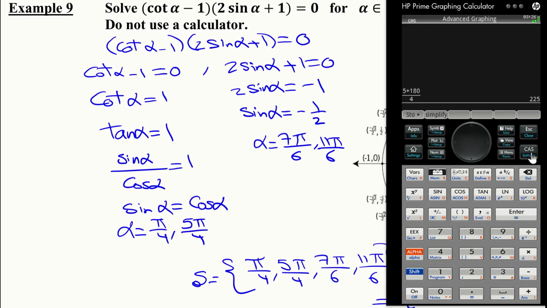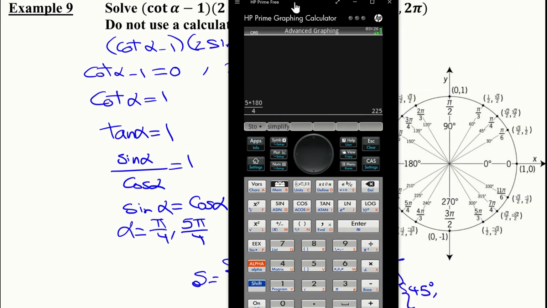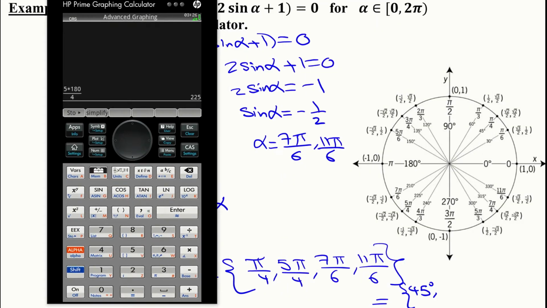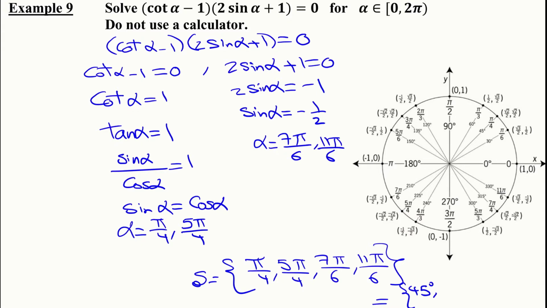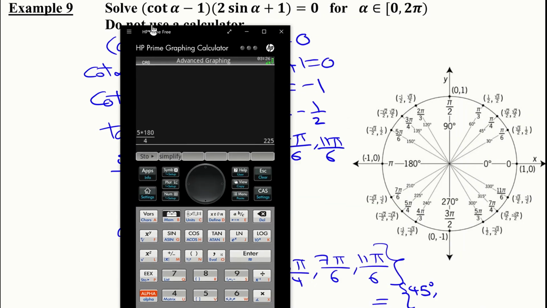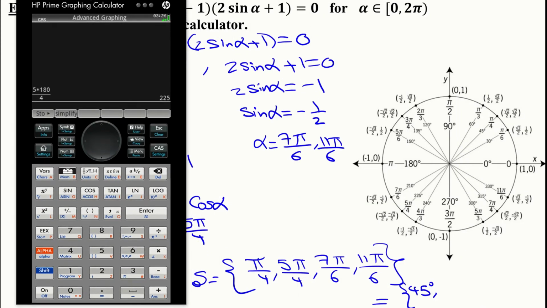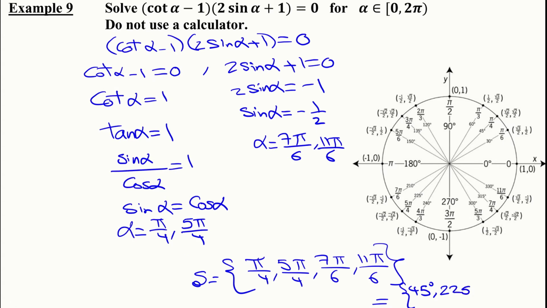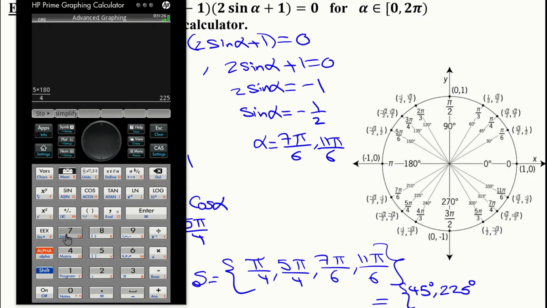So 45 degrees, and then 225 degrees, and then 7 pi over 6. So we're going to calculate 7 times, we don't forget the times this time, instead of pi, we're going to put 180.